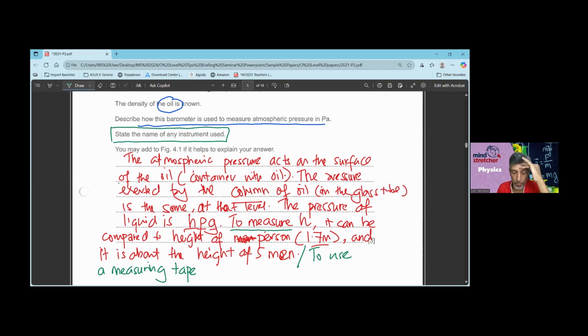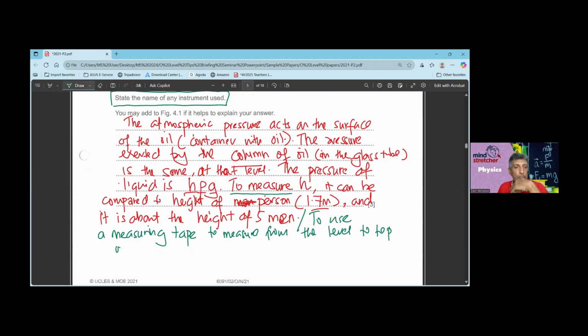Use a measuring tape to measure from that level to the top of the column, against the building. Measure using the building.